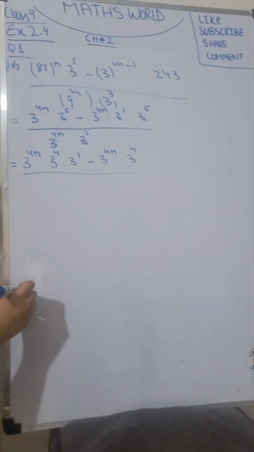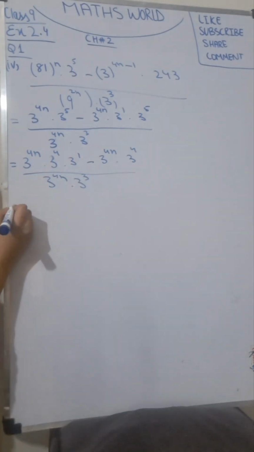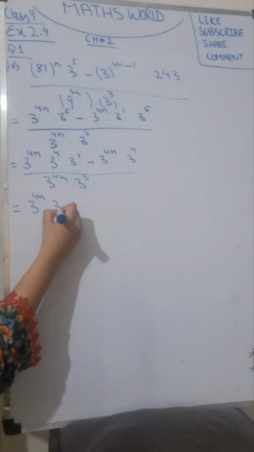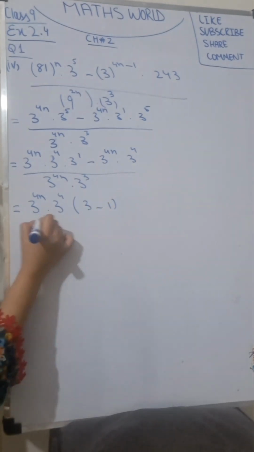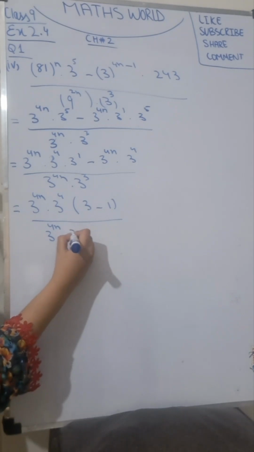And this would be 3^4 and 3^3. Now you take common 3^4n and 3^4, and you will get (3 − 1) over 3^4n and 3^3.